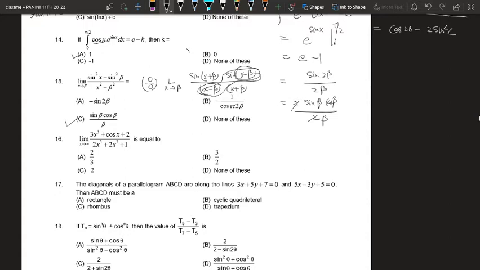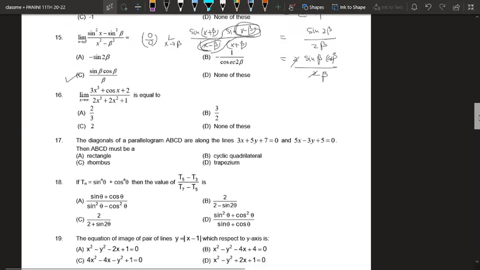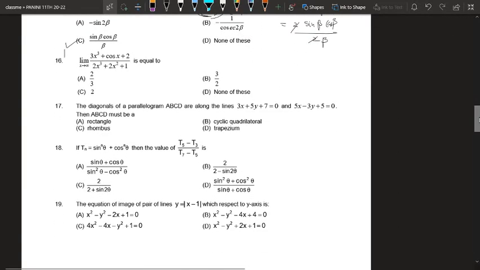Okay, next problem number 16. In the denominator there is a cubic polynomial, and in the numerator there are trigonometric terms and algebraic terms. So the form is infinity by infinity, indeterminate form. Now when x is tending towards infinity, cos x lies somewhere between -1 and 1, bounded, and 2 remains 2.